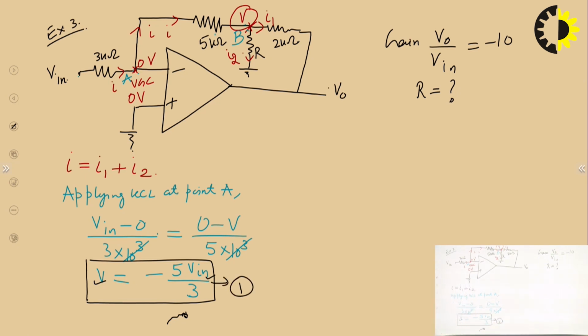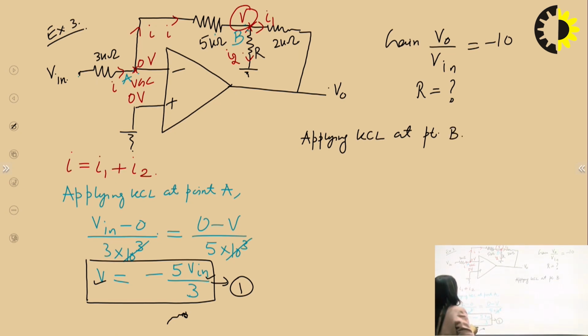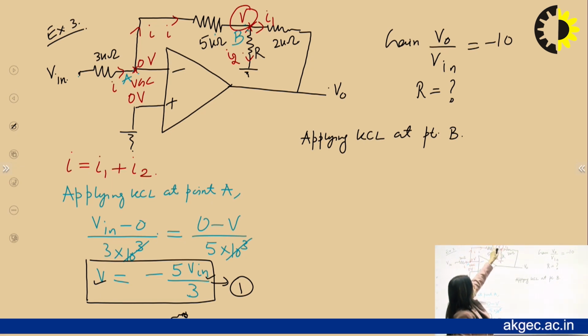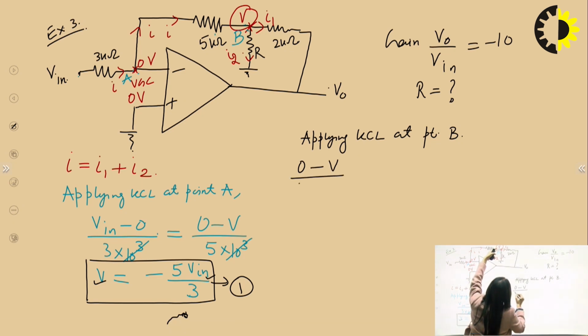Now I will apply KCL at point B. In the similar way, this point potential minus this point upon 5 kilo, so 0 minus this point potential is V upon 5 into 10 raised to the power 3.